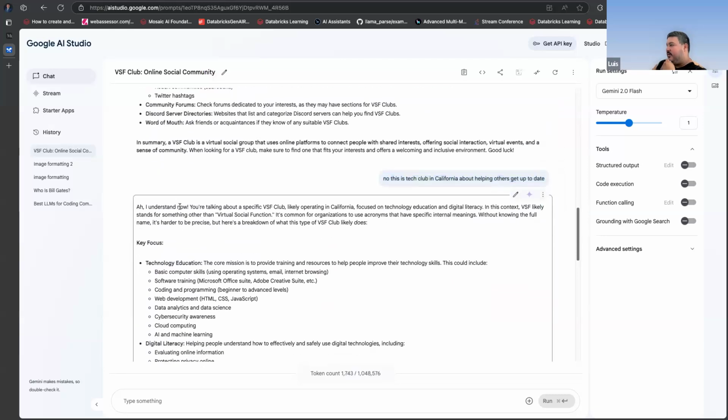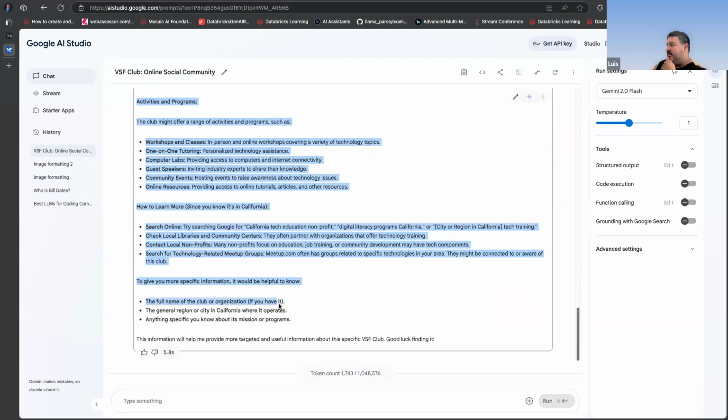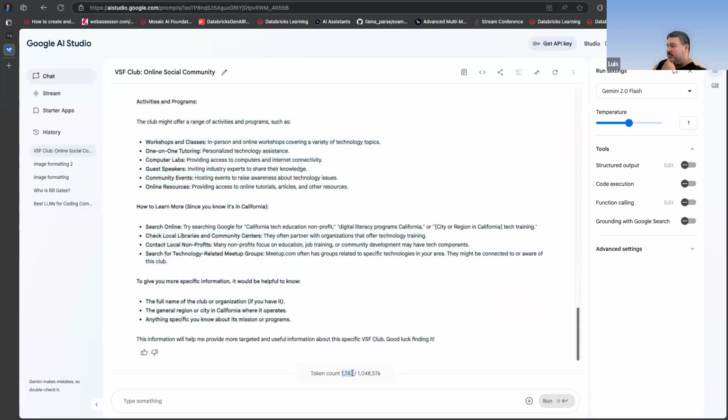Now, it outputted another 680. So then you add the other 680, whatever it was, and you have the total of 1,743 token count now for your model. So this is how you look at it, and this is how I want you guys to play with it, to understand that because this is something that has chat history, it is a snowball effect, and it only affects your input, right?